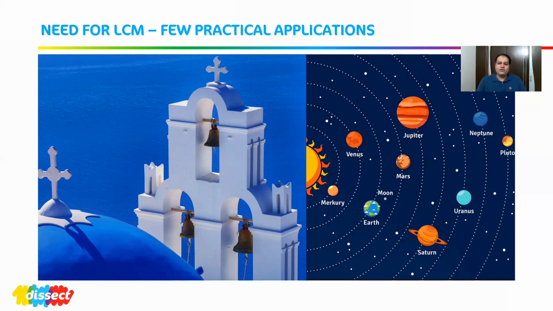I'm talking about the revolution. So each planet takes a different time for revolving around the sun, but at some point in time they were together. We know that by observations and calculations. Using LCM, we can also find when they will be together so that they will form a straight line. So these are the kinds of problems that you can solve using the simple concept of LCM.